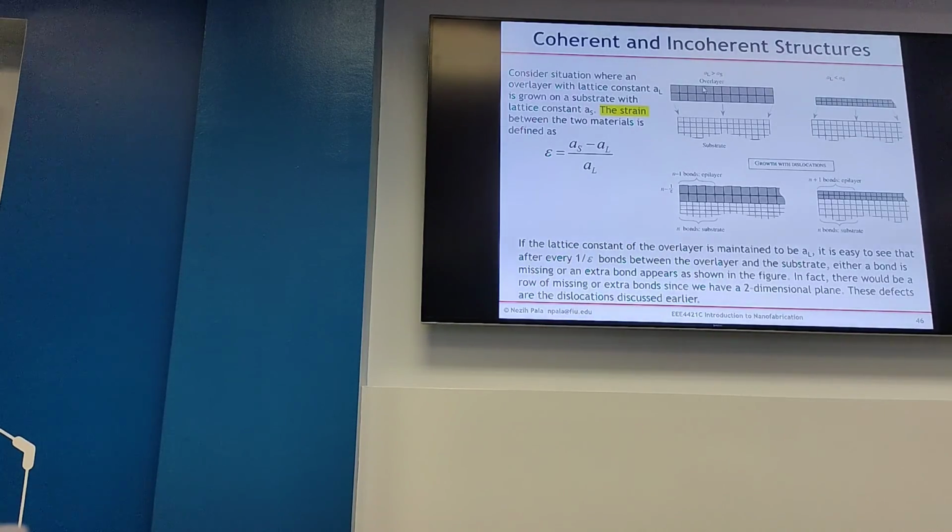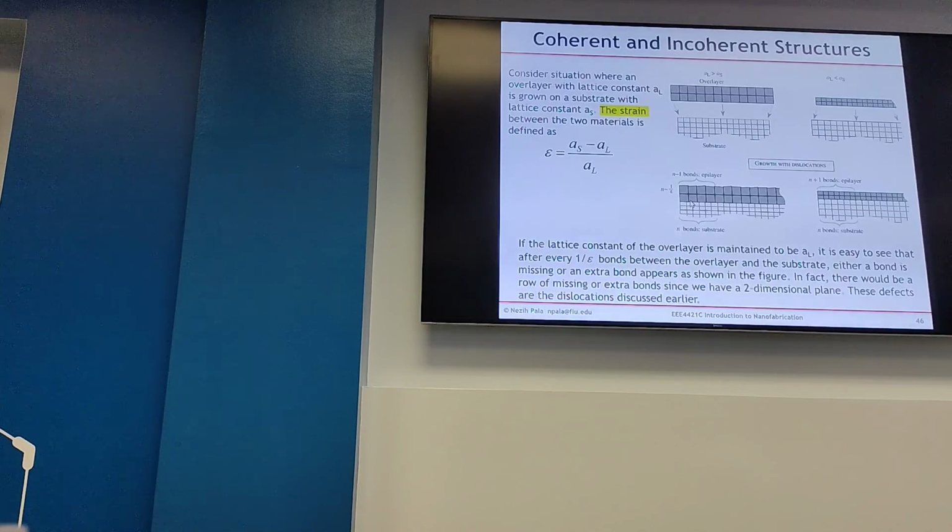In the beginning there are two cases. Either you have a perfect lattice match, in which case you don't have to worry about anything. Then when you have lattice mismatch, meaning that this is the overlayer, what you want to deposit, and that's the epitaxial layer you grow on the substrate. If your overlayer has a larger lattice constant than the substrate layer, you can have two cases. One is you can grow as it is. Okay, that's incoherent growth.